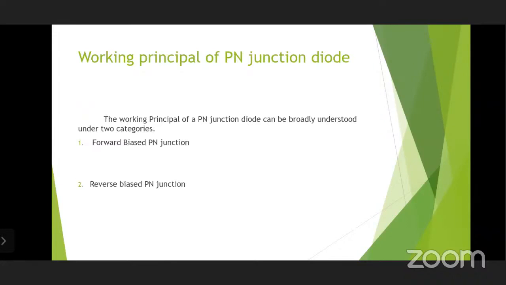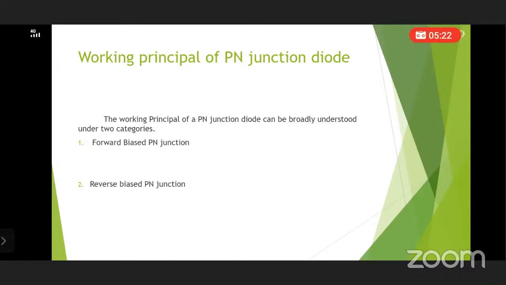Working principle of p-n junction diode. The working principle of p-n junction diode can be broadly understood under two categories. Principle of p-n junction diode is divided in two types. First one is forward bias p-n junction, then second is reverse bias p-n junction.